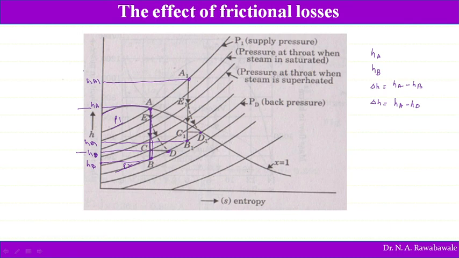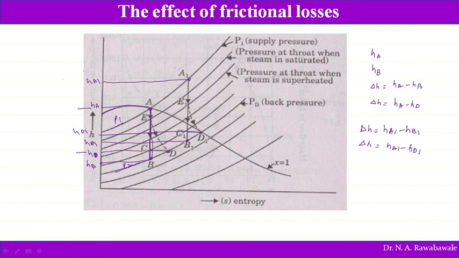So it will not be isentropic expansion, and it stops at point D1. The enthalpy at point D1 we can call HD1. So again, delta H, which theoretically must be HA1 minus HB1, but practically the delta H which we are going to get is HA1 minus HD1.